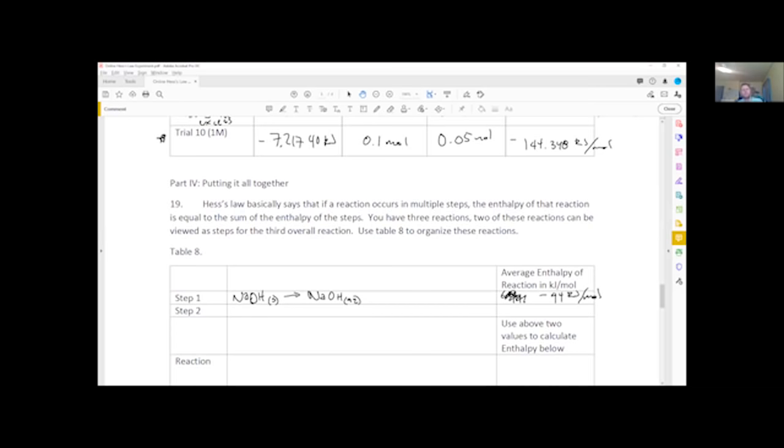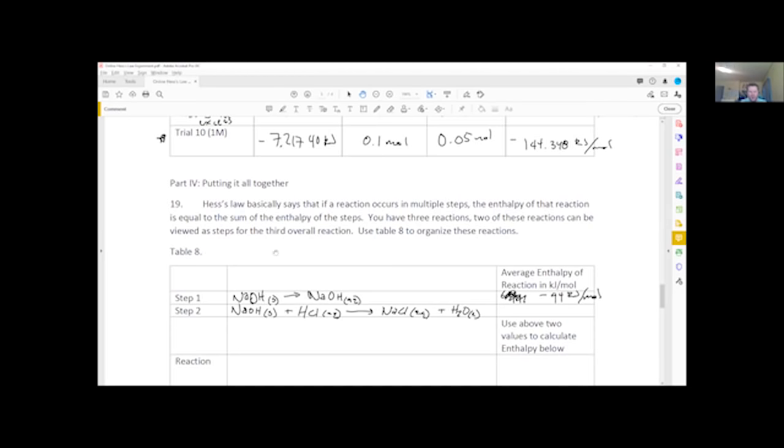What other reactions did I have where I talked about solid sodium hydroxide? Well, my last reaction was NaOH, solid, plus HCl, aqueous, being converted to NaCl, aqueous, plus H2O, liquid.